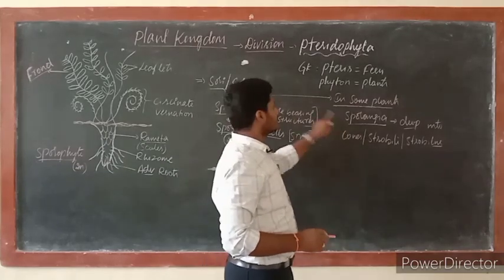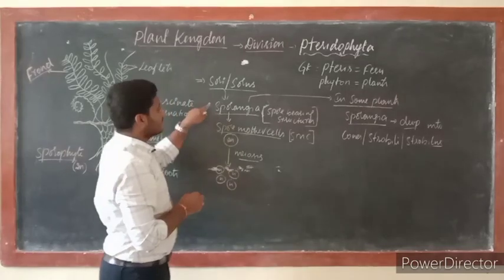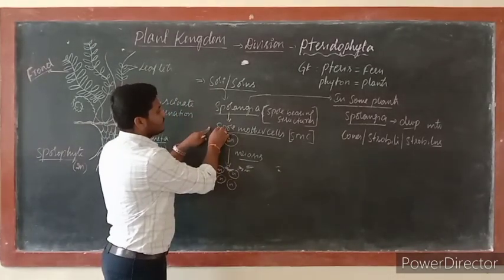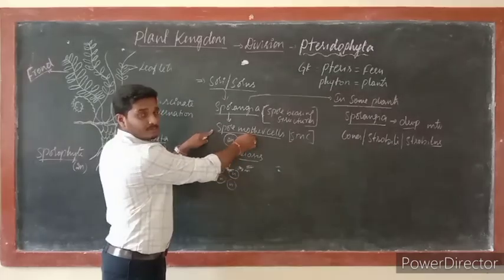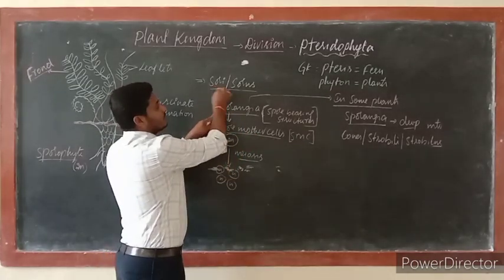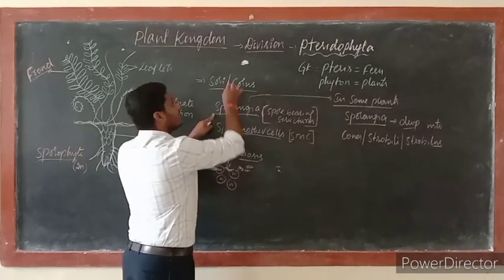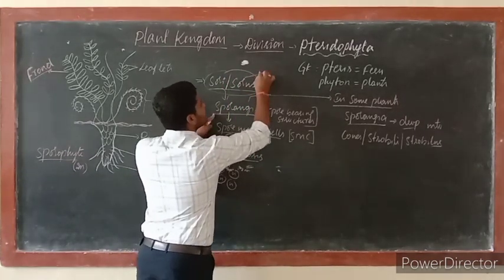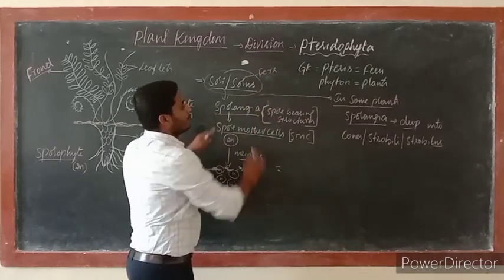The sporangia having spore mother cells can be seen within the sorus in the case of ferns.